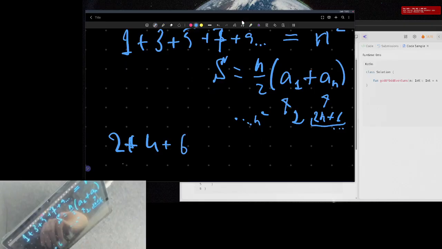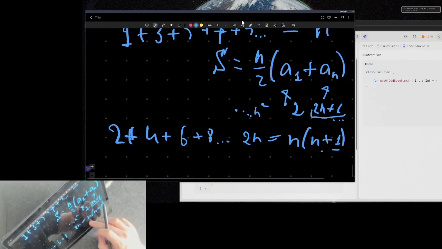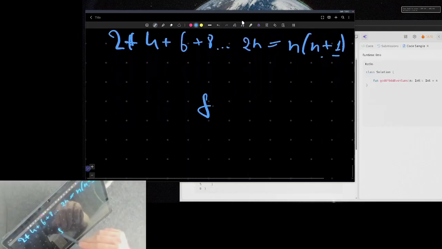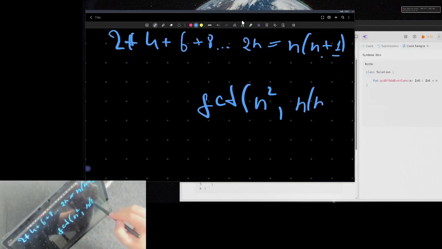And by the way, another formula is for the even sequence 2, 4, 6, 8 up to 2n, and this equals n times n plus 1, I don't remember exactly. And basically we have a GCD of n squared and n times n plus 1.